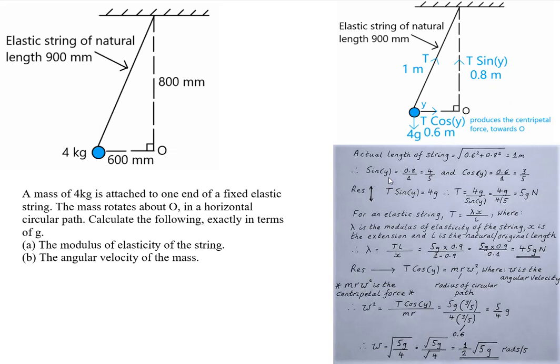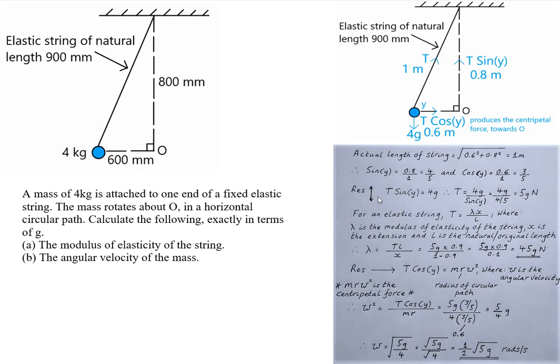Now for sine y, that will be given by the opposite 0.8 divided by the hypotenuse, which is 1. As a fraction, that will be 4/5, and for cos y, that will be the adjacent 0.6 divided by the hypotenuse 1, which will give as a fraction 3/5.